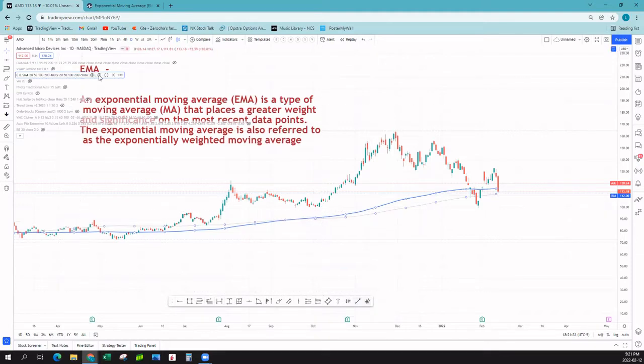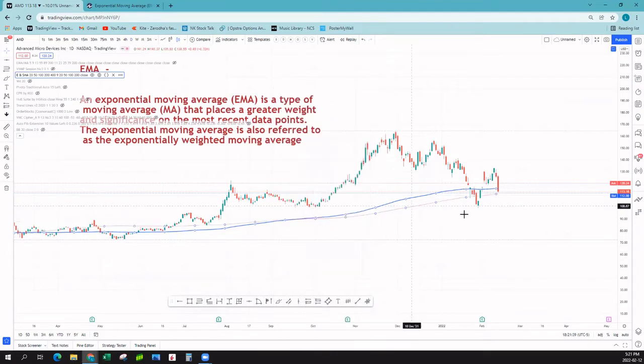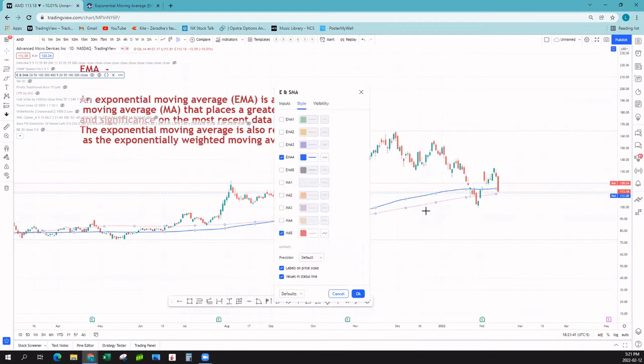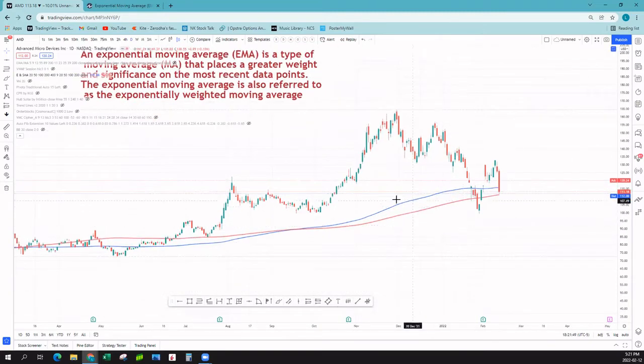Let me make it a little bit larger. The blue one which you are seeing is EMA, and the red one is SMA.